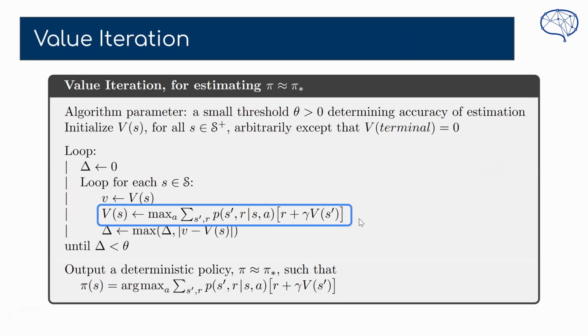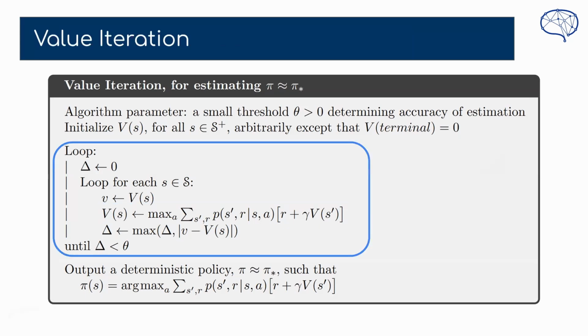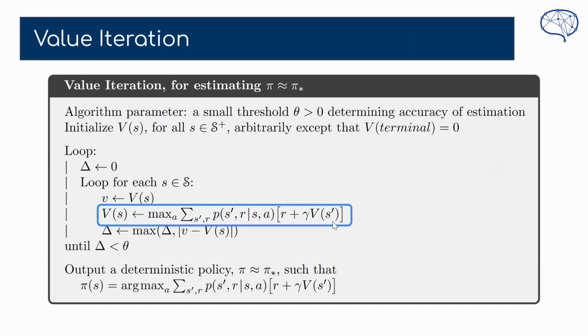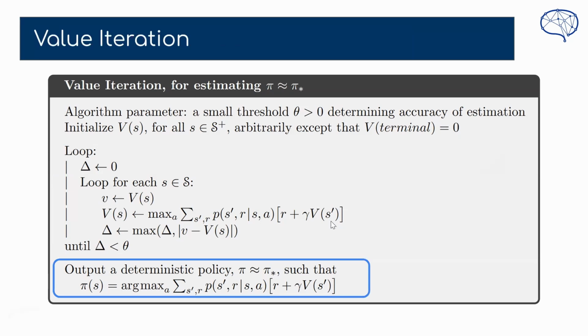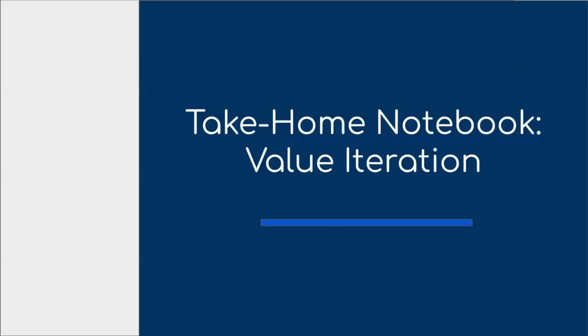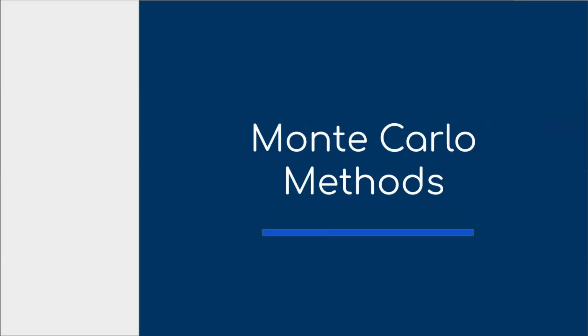So that was a quick overview of value iteration. Instead of those two giant loops, we made it into one small step, and then you just output your deterministic policy.